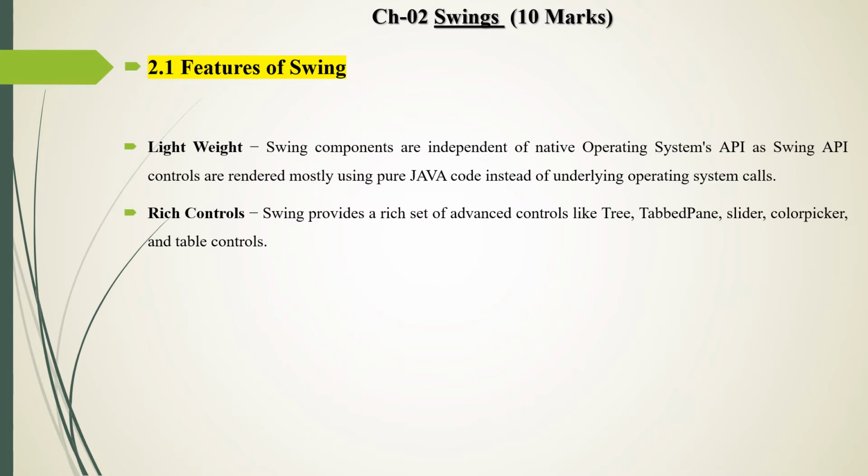The next feature of Swing is rich controls. Swing provides a rich set of advanced controls like tree, tabbed pane, slider, color picker, and table control. These components are not present in AWT and are included in the Swing package.